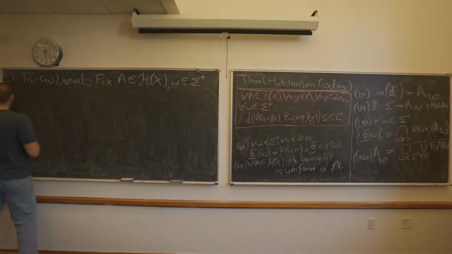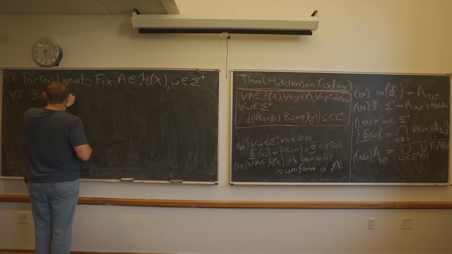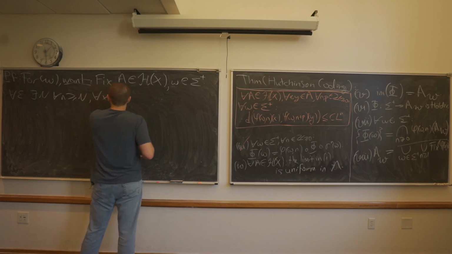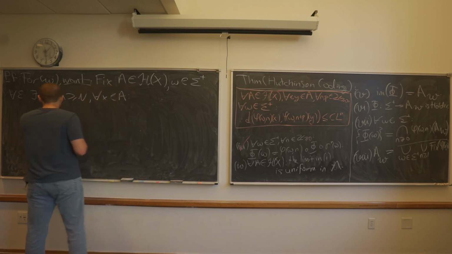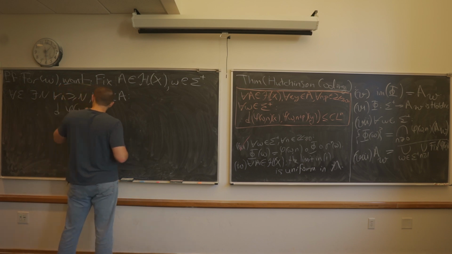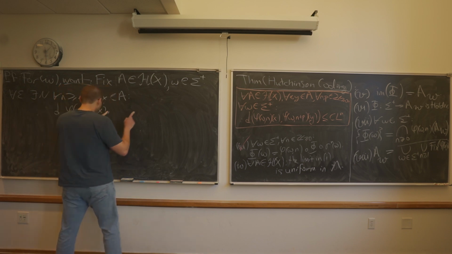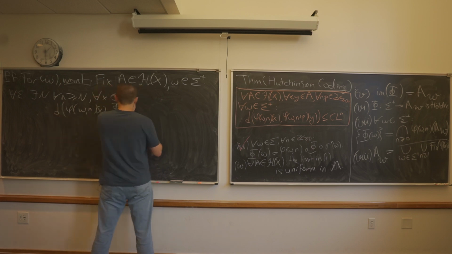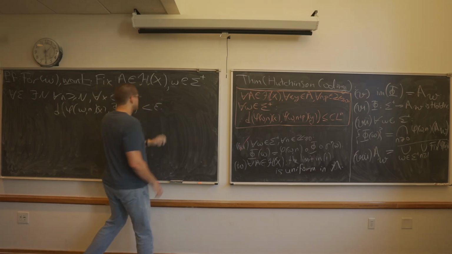Then I want this. For any epsilon, there is a capital N, such that after capital N, for any x in A, the distance between lowercase phi applied to omega comma n, then applied to x, and the limit is bounded by epsilon.